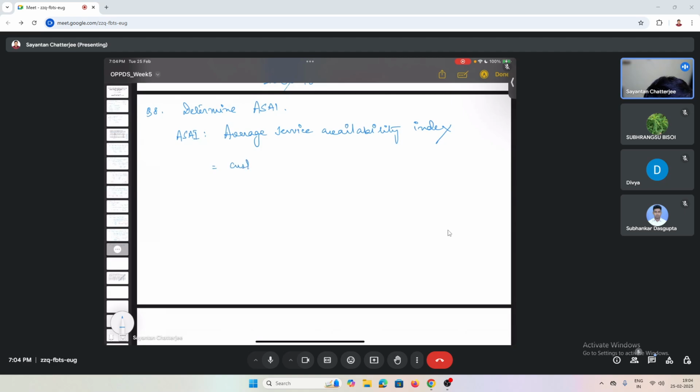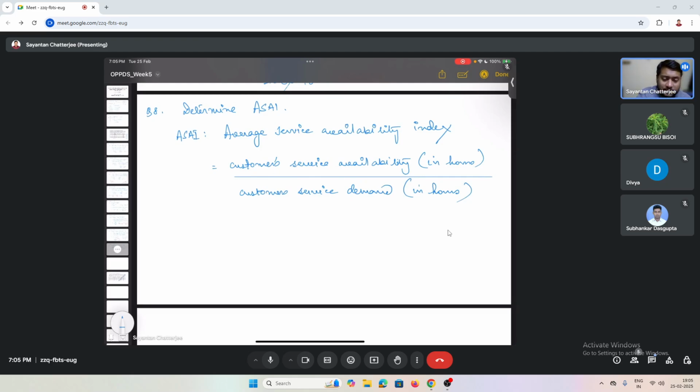Based on this, the numerator is customer service availability in hours, and in the denominator it will be customers. There would be a certain gap in the customer's availability.